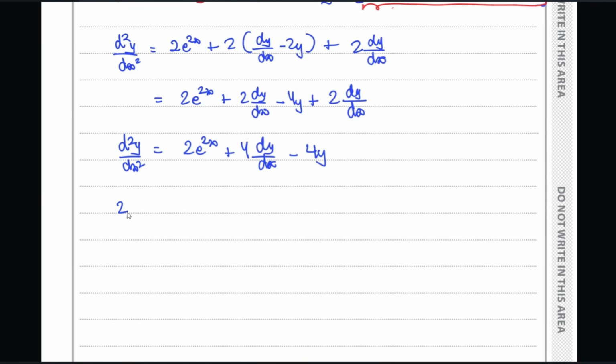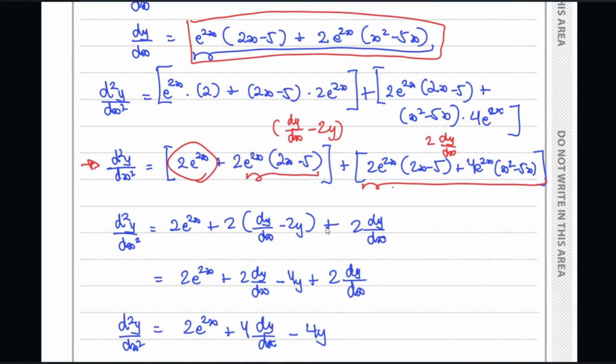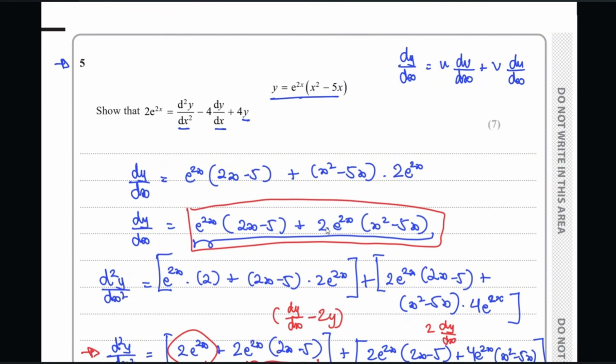So 2e to the power 2x is equal to, we'll move all of these terms to the other side. So we start with d squared y over dx squared. So this on the other side would be minus 4 dy over dx, and this on the other side would be plus 4y. And that is exactly what is asked.